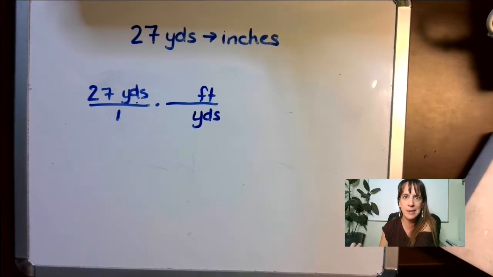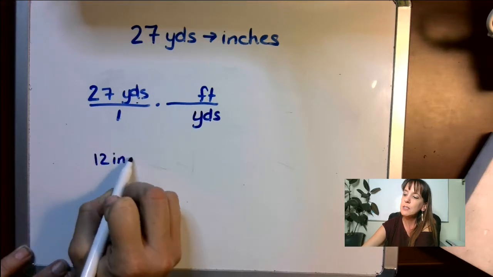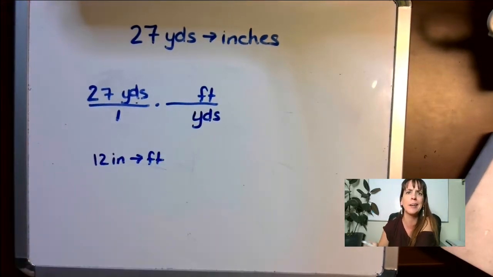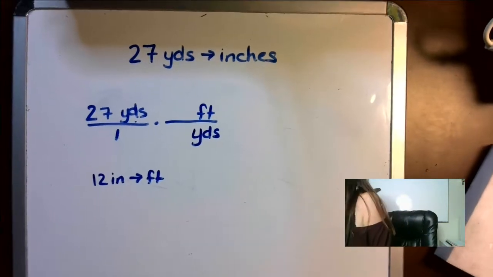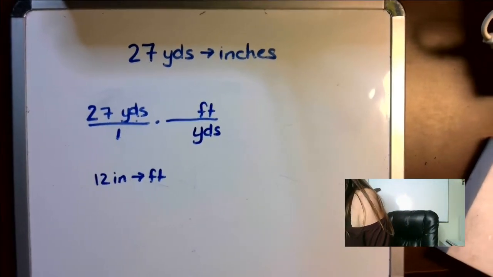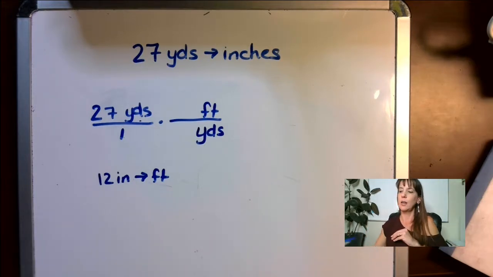Side note, write this down in like the margin, okay? There are 12 inches in a foot, guys, and you can Google a conversion chart and print that out if that's helpful. So 12 inches is in 1 foot.